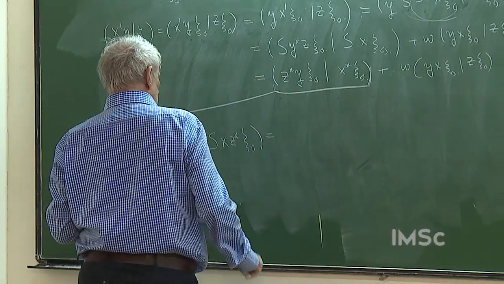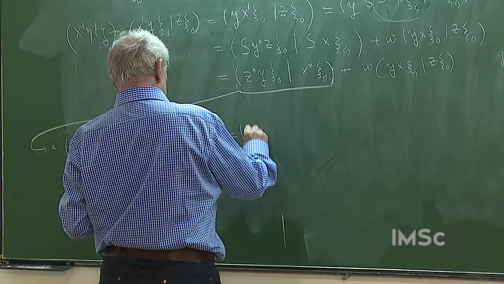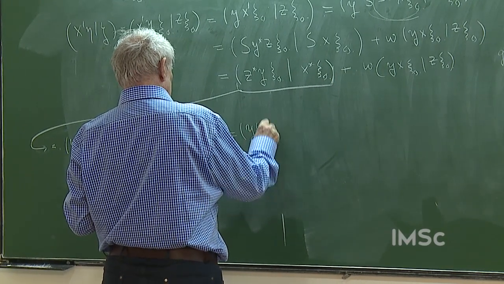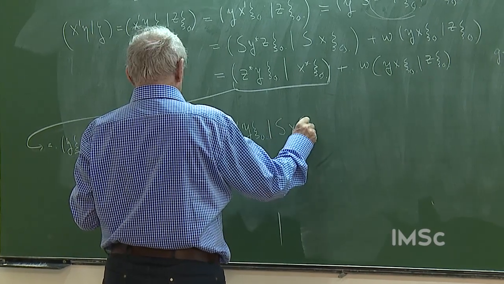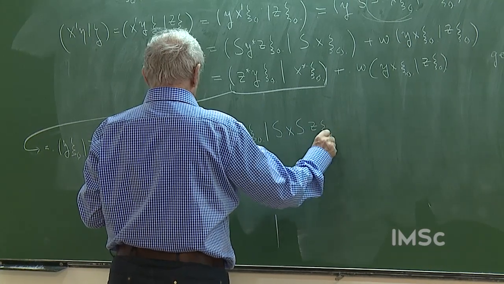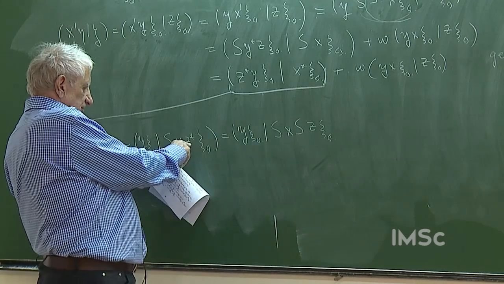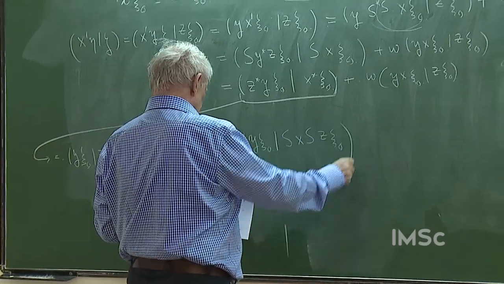Okay, it's equal to y psi naught times S x S z psi naught. That's obvious, because z star psi naught is S of z psi naught.